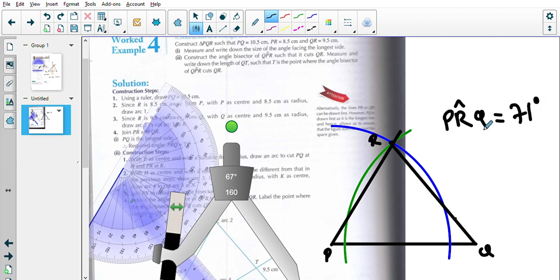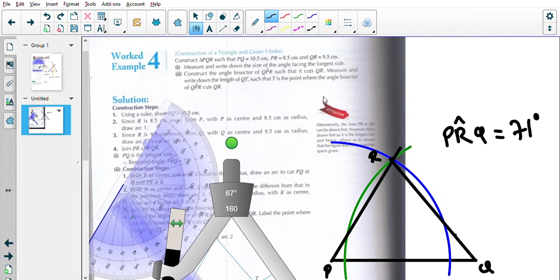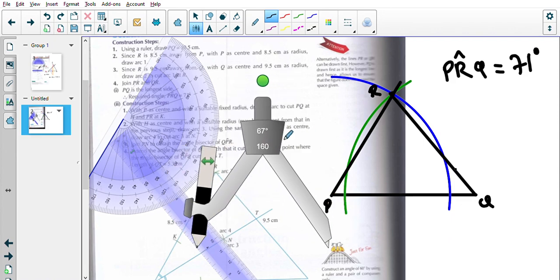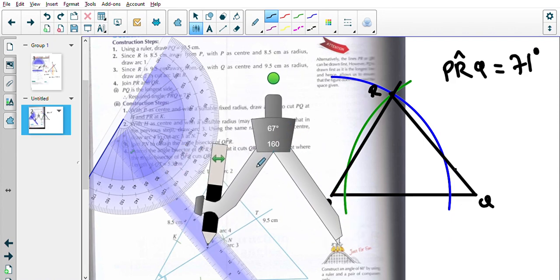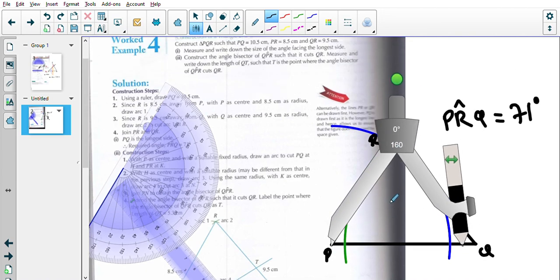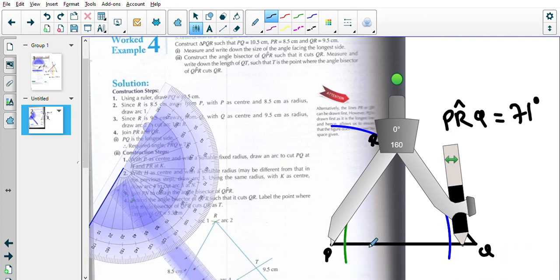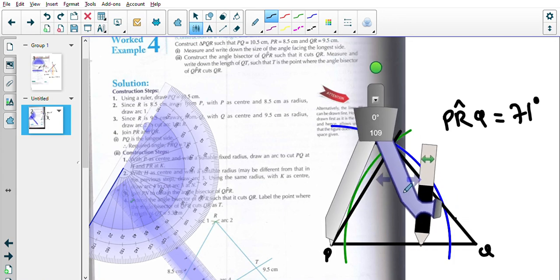That is our answer. Now for the second part, you have to draw the angle bisector of QPR such that it cuts QR, and then you measure the length. Alright, now you just use your compass here, and make sure that the needle is on P, because you have to bisect angle QPR with P at the center, and then adjust your arms like this, more than half of PQ.